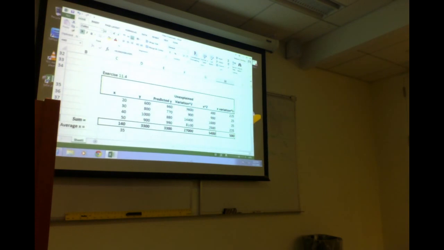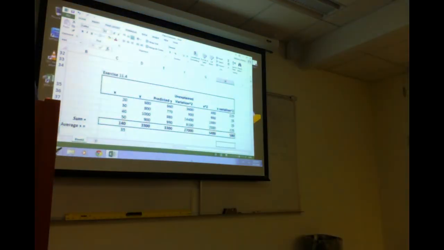Plus, once we think of the whole population, we have to account for the difference between our sample and the whole population. Everyone's good? All right, so we just need to find SB. So we need the standard error of the estimate divided by the square root of the sum of x minus average x squared.